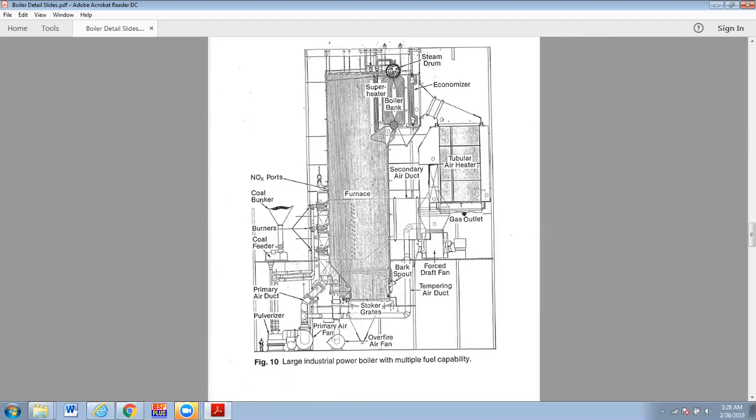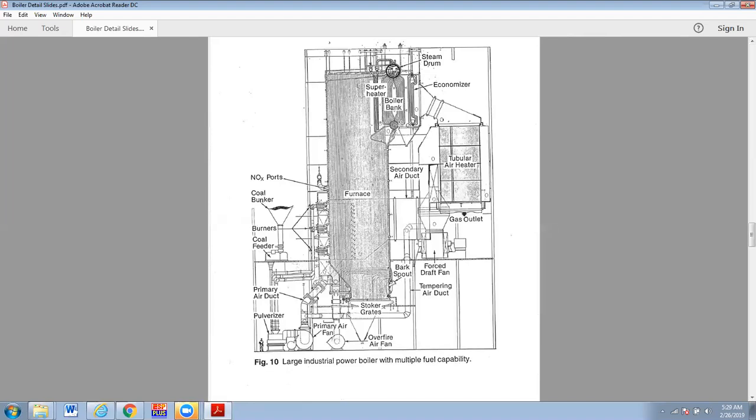And it's common to blow those headers down every so often, where you just have a valve and you pop that valve open for 5 or 10 seconds, and you get a pretty good flow out of there, but it's a short period of time. And so that flow hopefully is going to pull out any sediment that needs to come out of either the bottom of the headers or the mud drum up here.